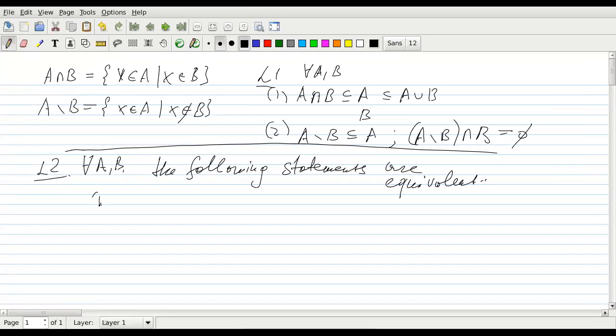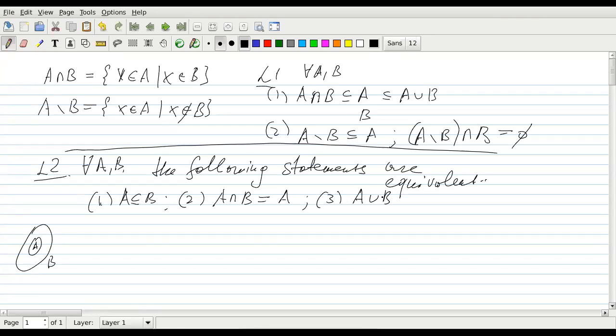So I say that A is a subset of B if and only if the intersection equals A, if and only if, and dually, the union is B.